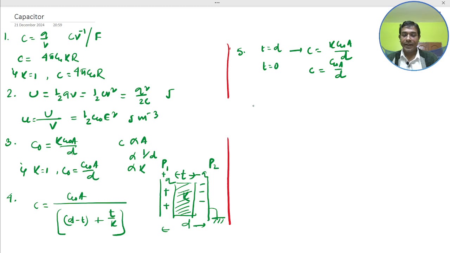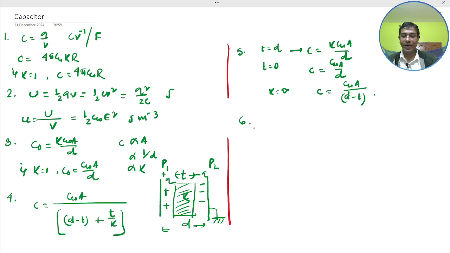Third one, if a metal plate of thickness T is placed between the plates, now K should be infinity, and the capacitance would become epsilon naught A by D minus T. And now one thing, this is very important for your entrance exam purpose.